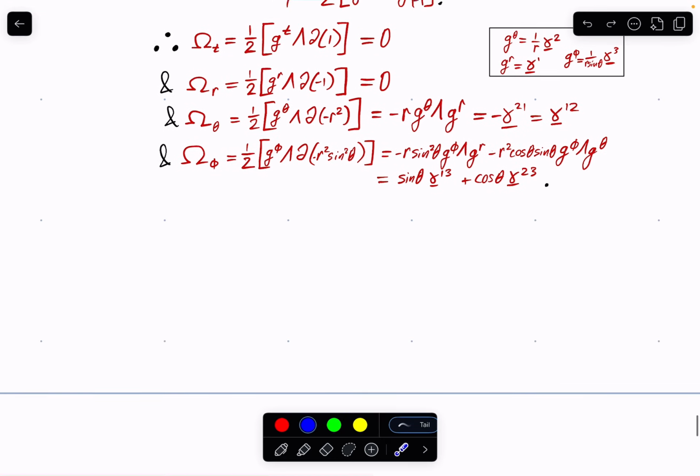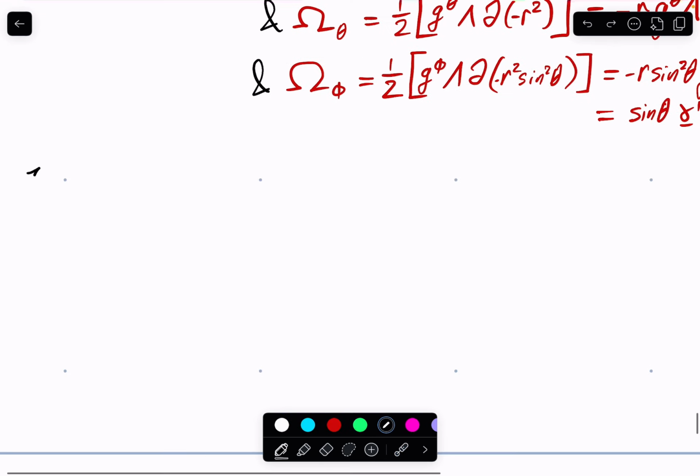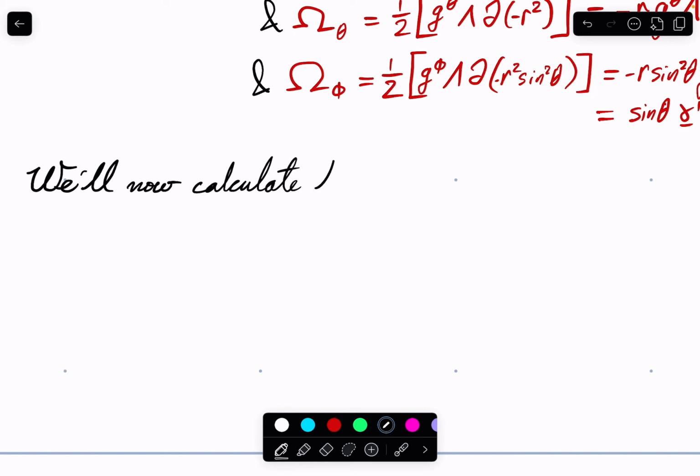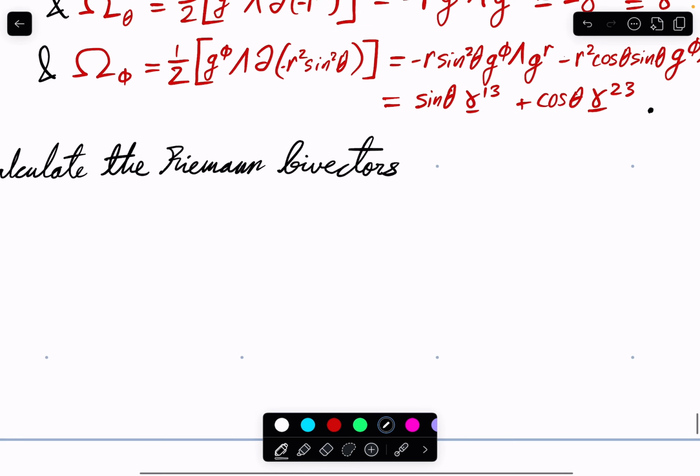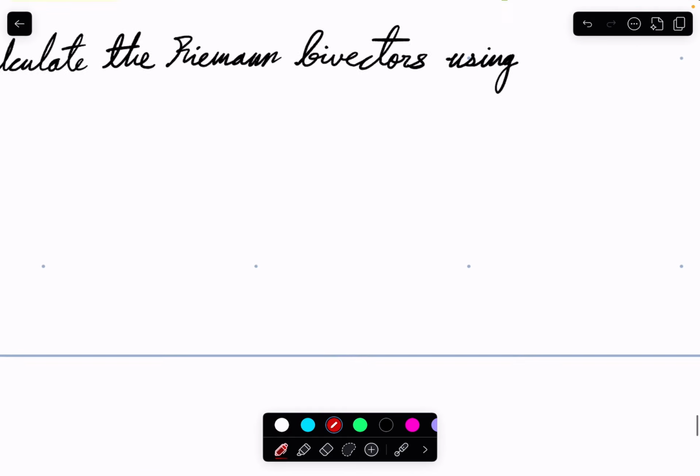Let us now move on to calculating the Riemann bivectors. We'll now calculate the Riemann bivectors using the following formula.